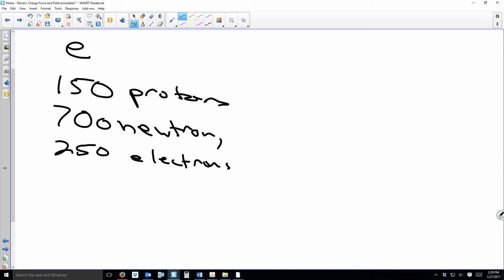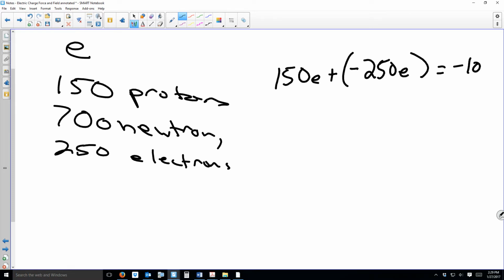The question is, how many more of which type do we have? 100. And it's electrons. So if we take our 150 protons, they have 150 elementary charges that are positive. And then to that we add all of those negative elementary charges, the negative 250, we get negative 100. It just means that we've got 100 more electrons than protons.